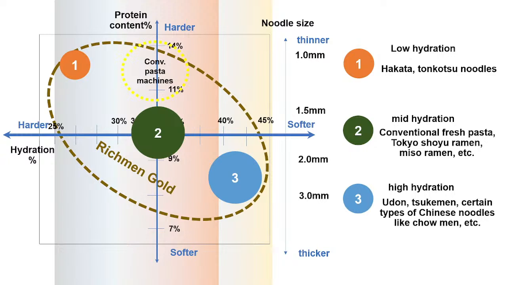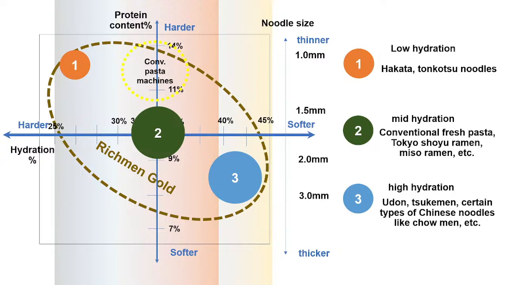This is a wide range of hydration that this machine can cover, compared to, for example, conventional pasta machines that we have over there. Conventional pasta machines can cover only noodles between 32% and 36%. So it's a very narrow range of hydration, right?